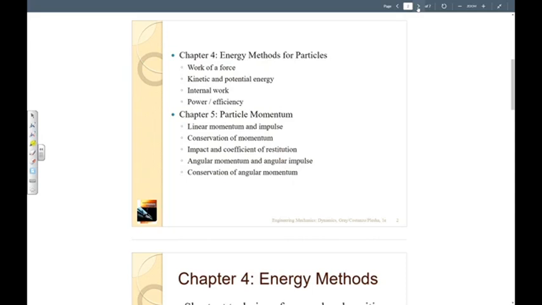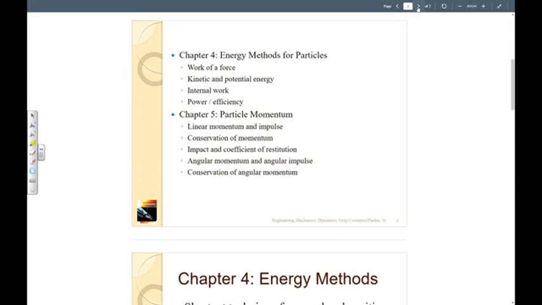If you want to know something's velocity after a given forcing function or an impact, that's all chapter 5 stuff. I use the term velocity here because momentum is a vector equation. Work energy is scalar.